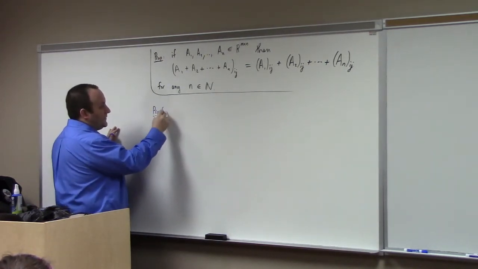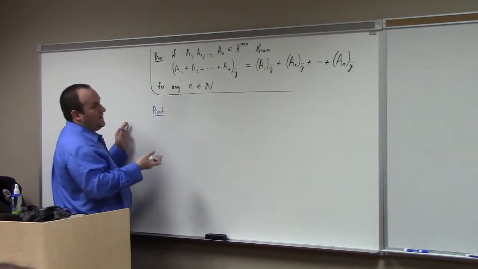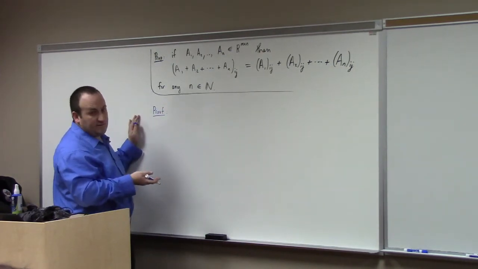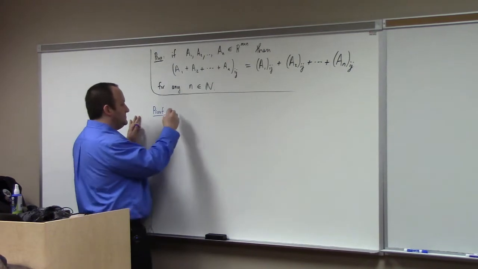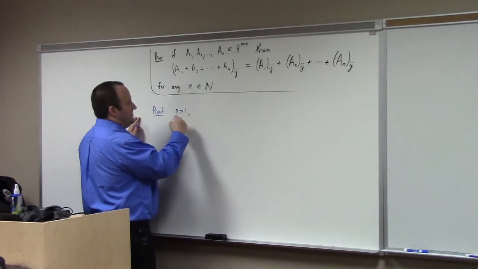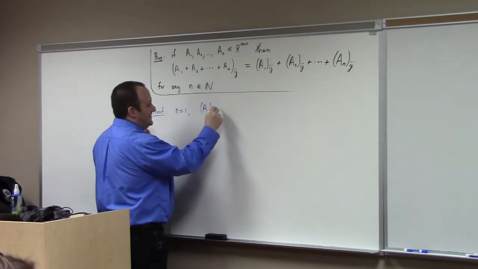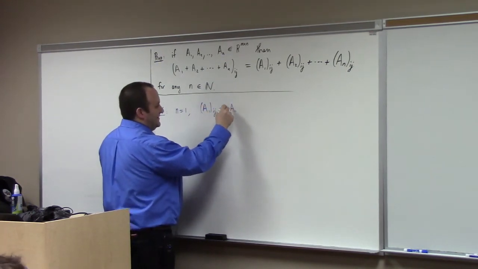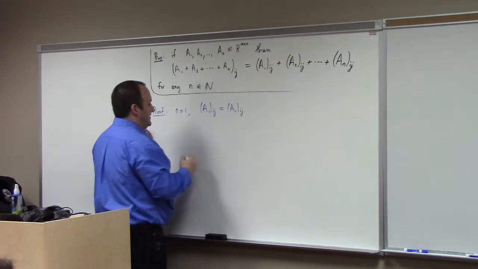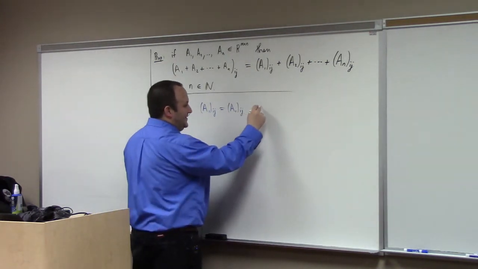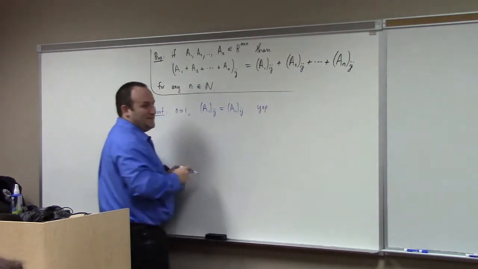Here's the proof. We're going to use proof by mathematical induction on n. So n equals 1 is essentially just notation: (A1)_ij is equal to (A1)_ij. There's really nothing much to say there.